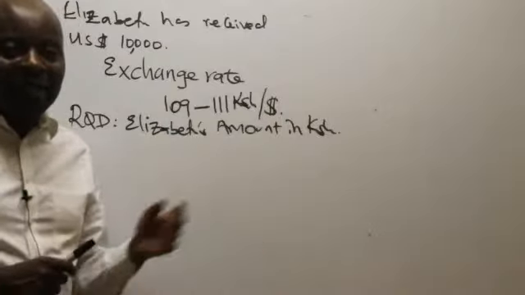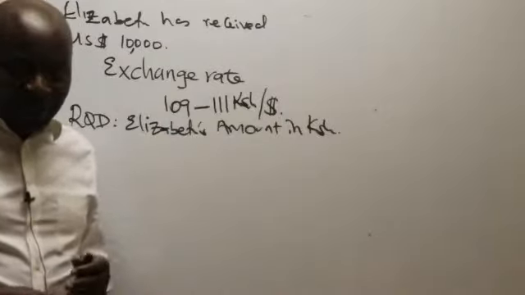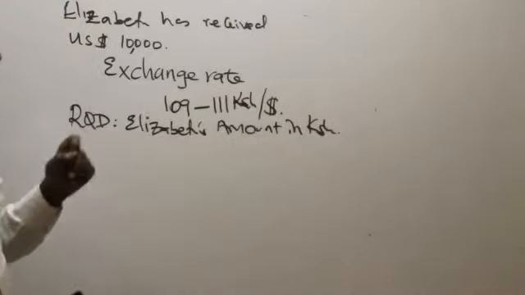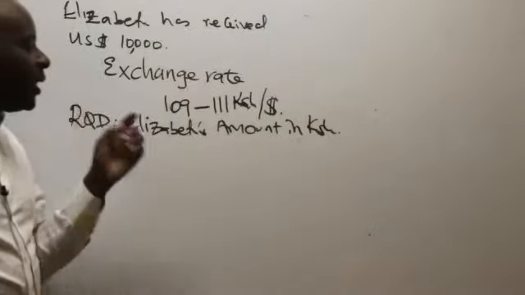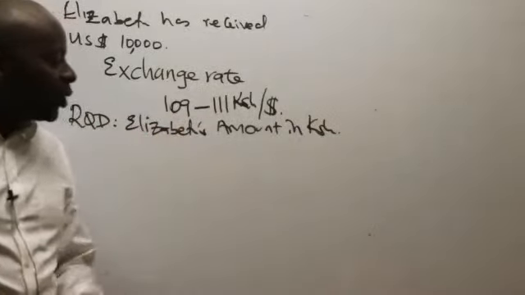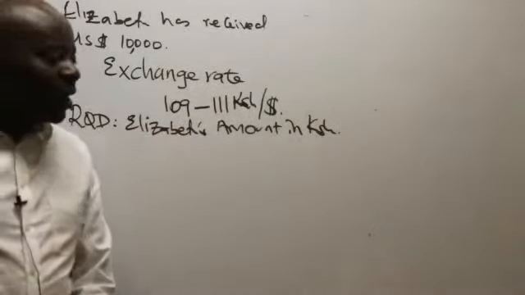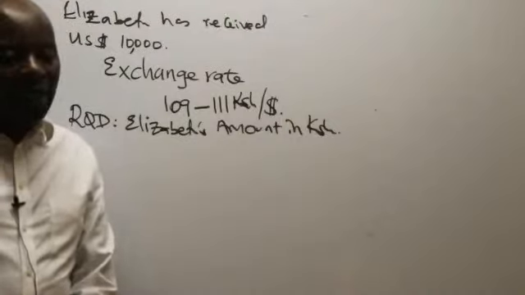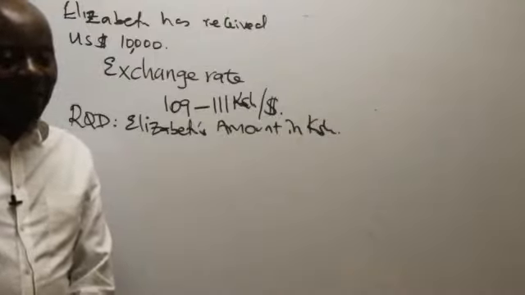One is a buying rate and the other one is a selling rate. So between 109 and 111 Kenya shillings, which one will be the bank's buying rate?